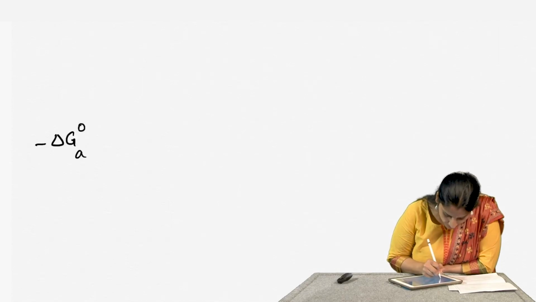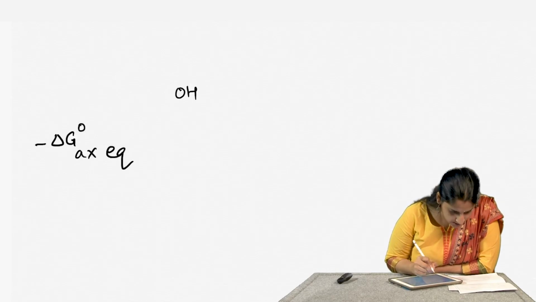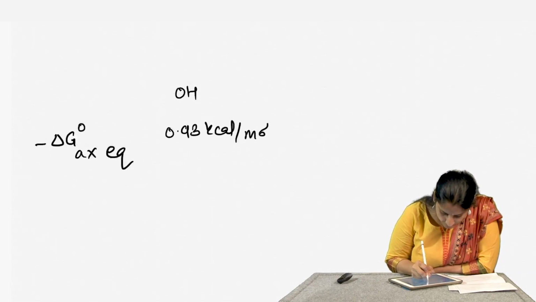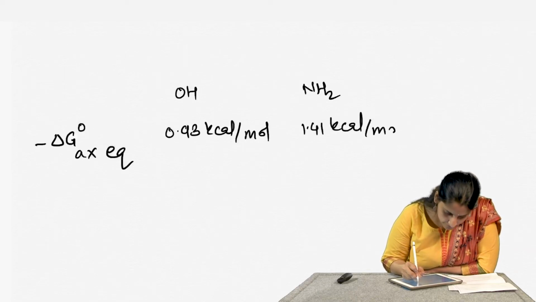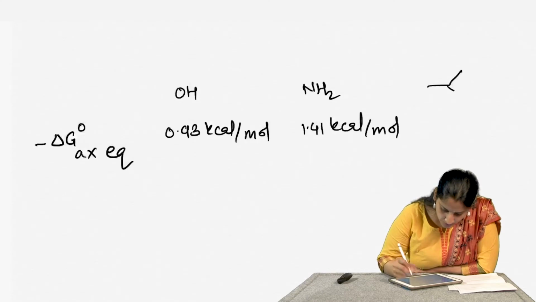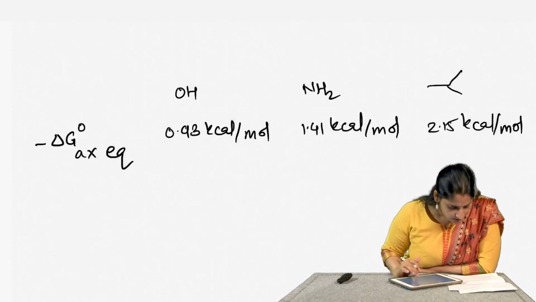So, if I look at the table that is given, the minus delta G 0 value going from axial to equatorial for the OH is 0.93 kilocalories per mole, and NH2 is 1.41 kilocalories per mole, and the isopropyl group is 2.15 kilocalories per mole, right.